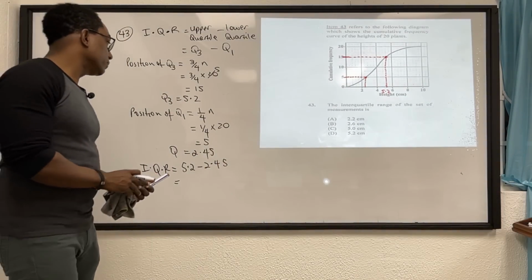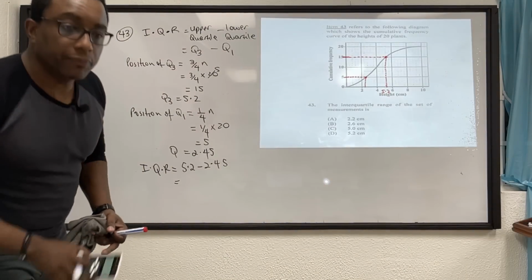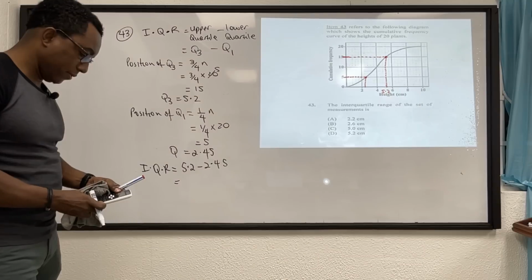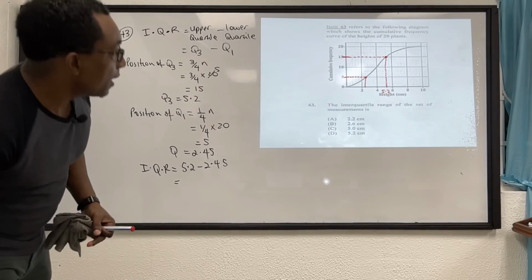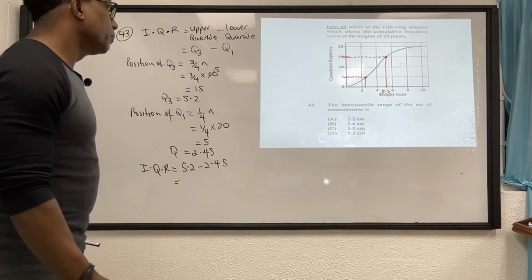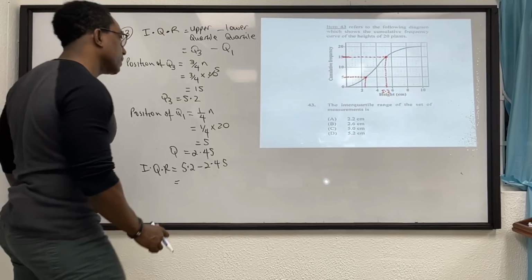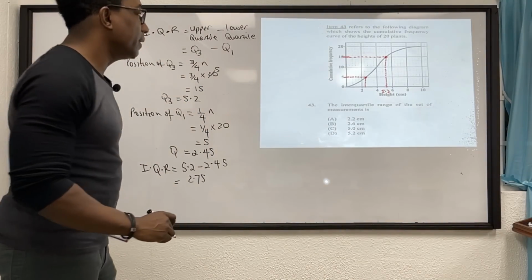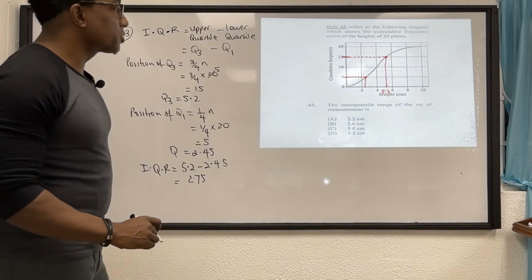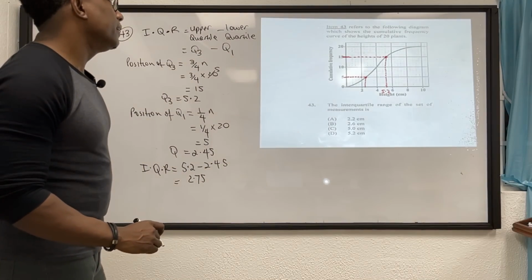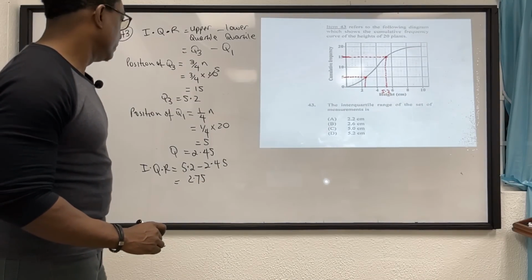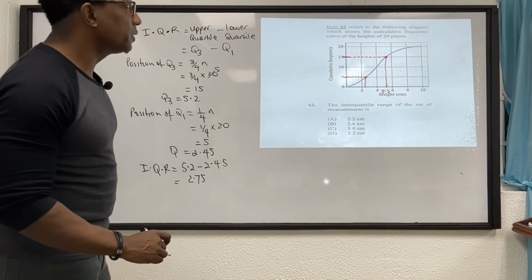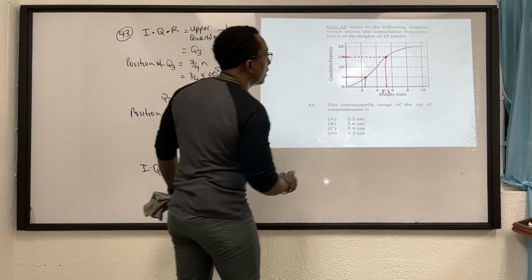Just quickly working it out, 5.2 minus 2.45 will give us 2.75, which you can approximate to 2.8, and the closest value here is about 2.6. It's an approximation. So for this question we have to do a bit of approximation.